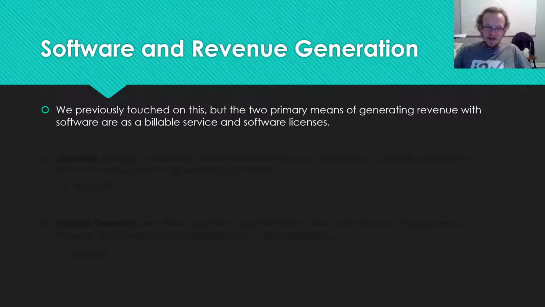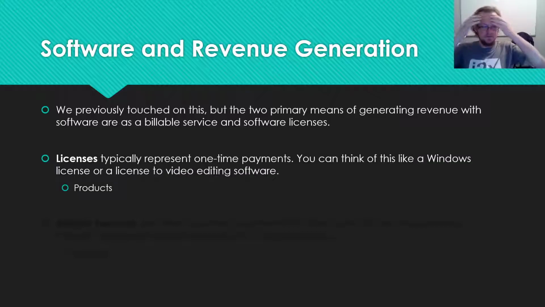We kind of touched on this in the design video, but basically there are two ways that you can be a software organization that actually generates revenue. The first of these is to provide license fees, and so again, you can think about this like a Windows license, or if you buy video editing software, these are really products, and the license allows you to use that product.